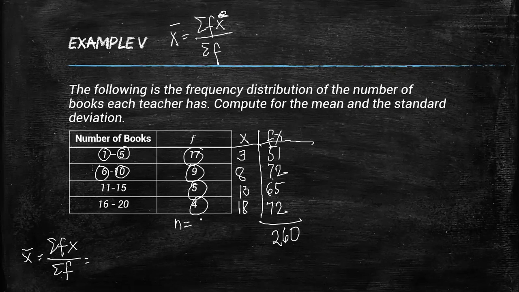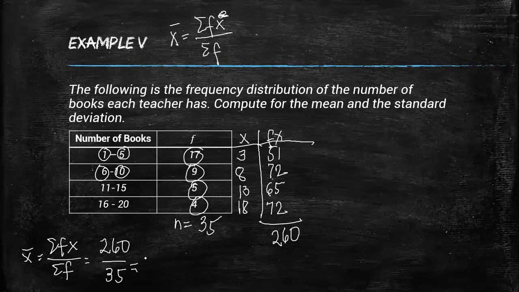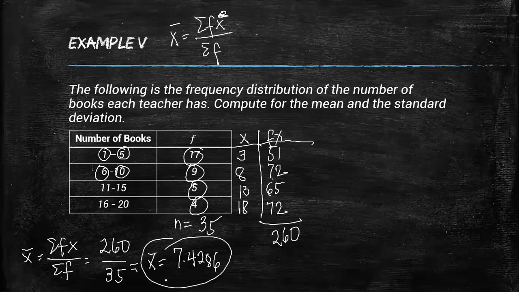That would be 35. So we have 260 divided by 35. That is our X bar. So X bar natin is equal to 7.4286. Ayan siya. Nakuha yung pagkuha ng X bar?